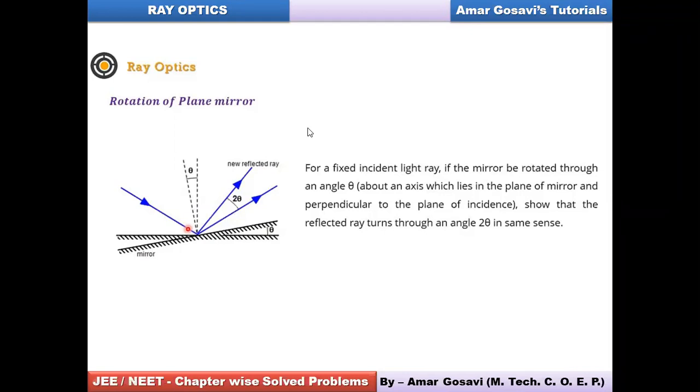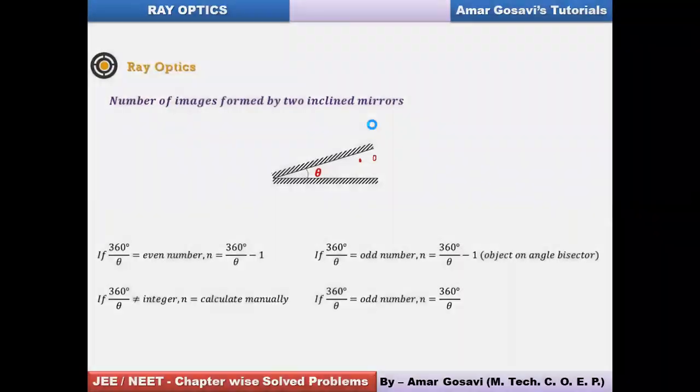So let's move ahead. There is another sequence for plane mirrors so far as rotation is concerned. Again, it's important so far as entrance is concerned. These are certain things which you should remember, recall, time and again, so that when it is needed during solving problems, it becomes easier for you.